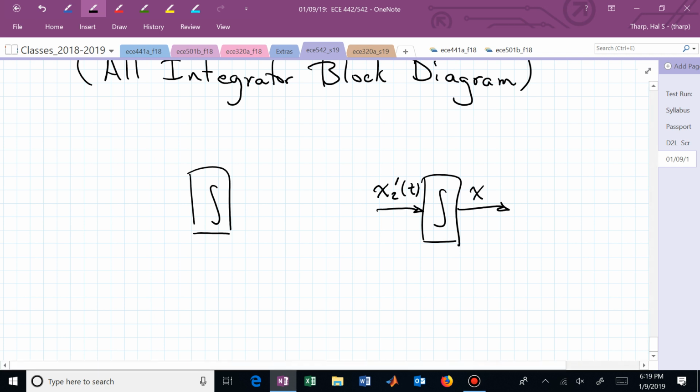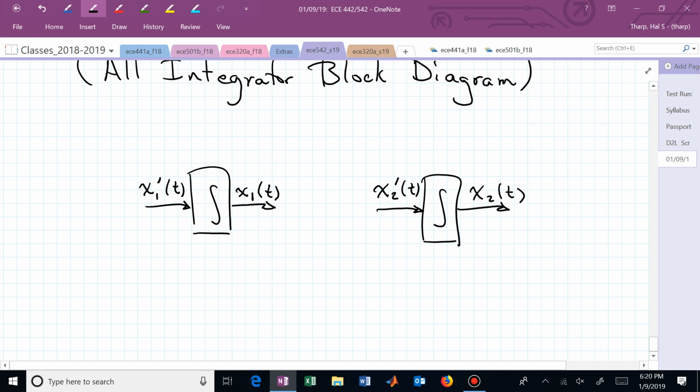Just the integral of the derivative, so there's x sub 2. Well, that was pretty easy. So let's do it with the other one. Suppose I now say this is x1 prime of t. There's now x1 of t.